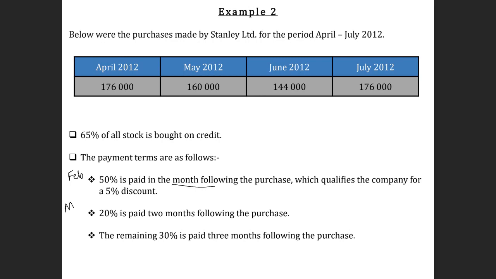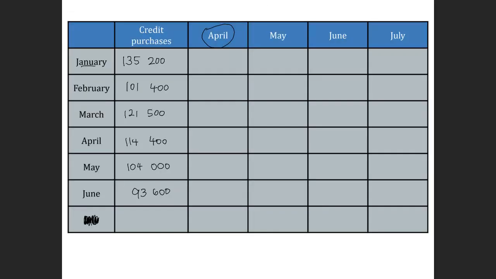Okay, then the 20% would have been in March, the next month, 2 months after the purchase. Again, not part of our schedule, so we can ignore that. And the last one, however, the 30% is paid 3 months after the purchase, so that would be April. So now we can work out the 30% that would be paid in April.